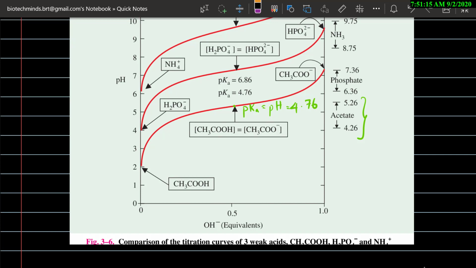That is simply a range of plus or minus 0.5 pH units. So 4.26 plus 0.5 is 4.76. It has the most effective buffering action in this range, from 4.26 up to 5.26.